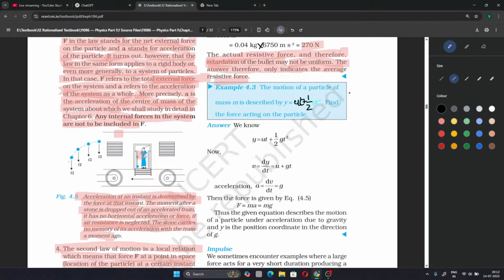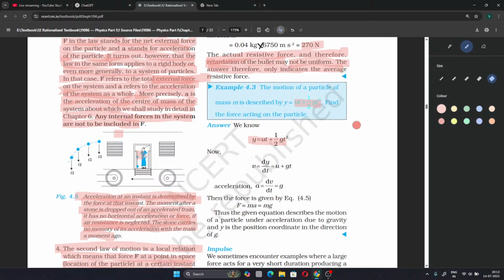This is the equation given here. Find the force acting on the particle.